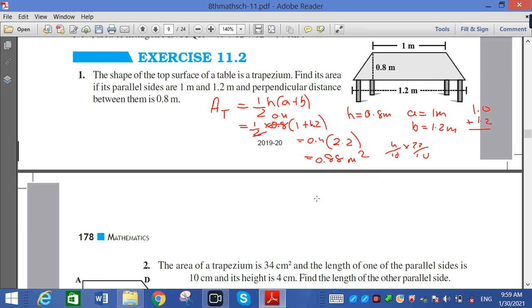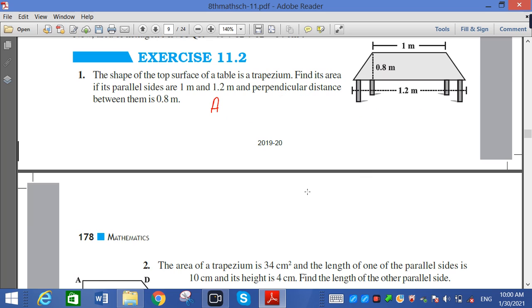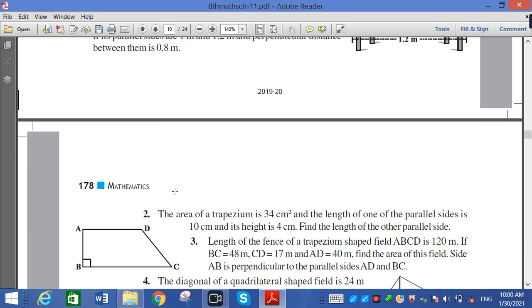That is the area of the trapezium. Again I explain what is important: the sum of the two parallel sides, multiplied by 0.8 divided by 2. So 1 plus 1.2 is 2.2. 2.2 into 0.8 divided by 2, that is our answer.